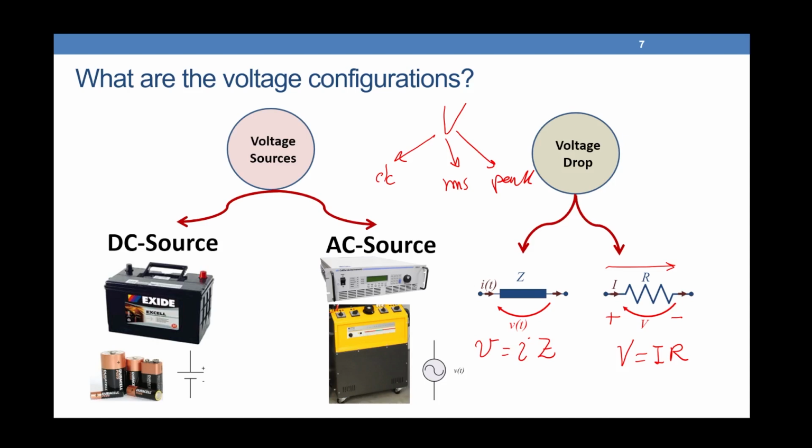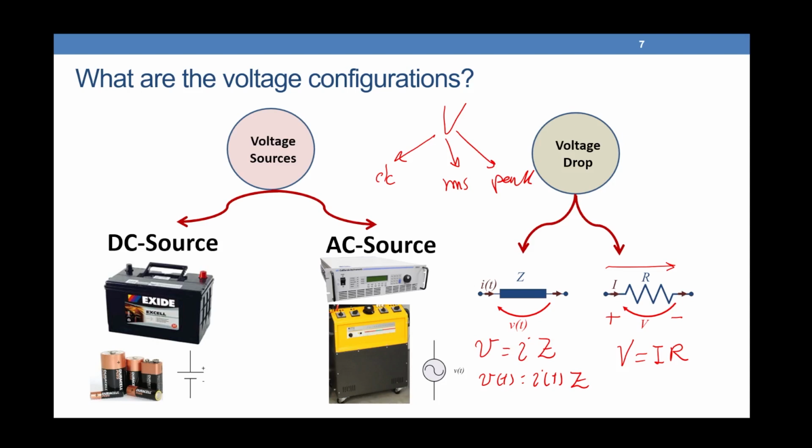But if we have a voltage or current or flux as a function of time, we write it in small letters. So I'm going to rewrite this equation as v of t equals i of t multiplied by Z. So now we know the difference between capital letter and small letter. A capital letter is not only a DC value, it could be RMS, could be peak as well, a specific value.